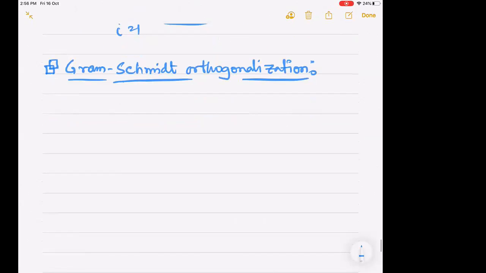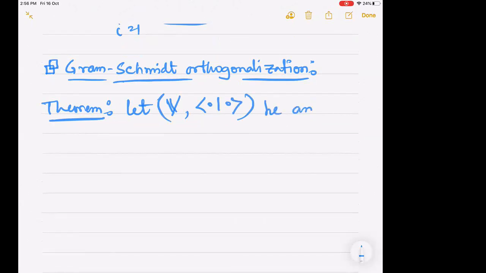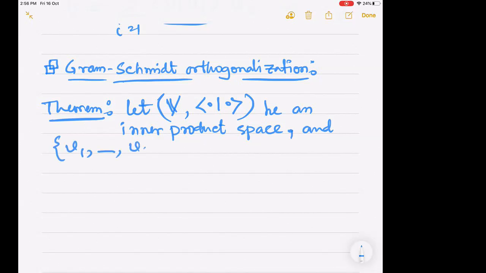What is this process? It's stated in terms of a theorem. Let V be an inner product space, and V1 up to Vn is a linearly independent set.